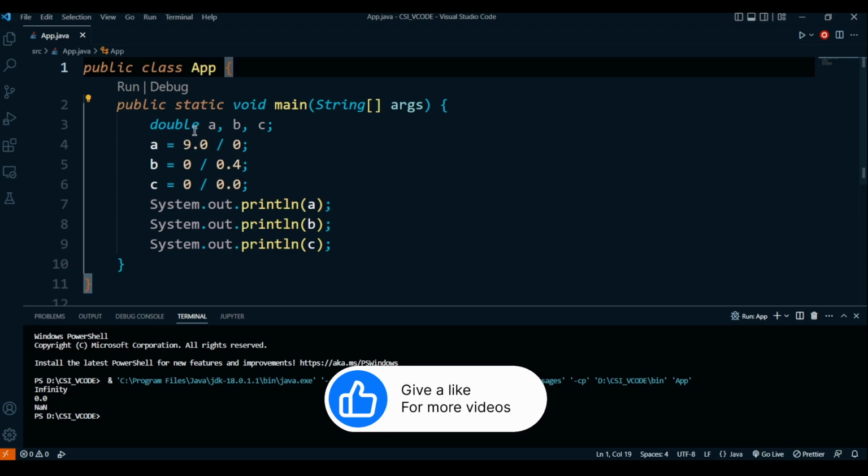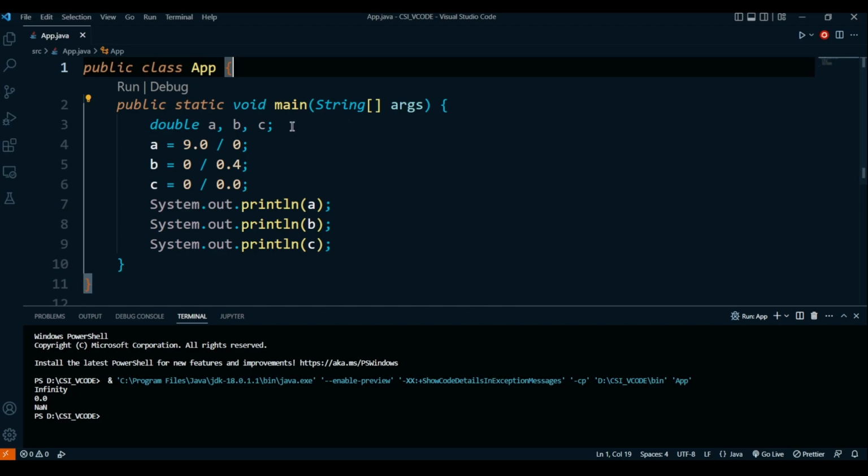When a number is divided by 0, it is positive infinity. And 0 divided by any number is 0. And 0 divided by 0 is not defined, as you all may know. It basically means not a number.